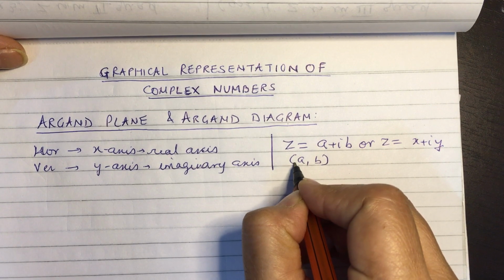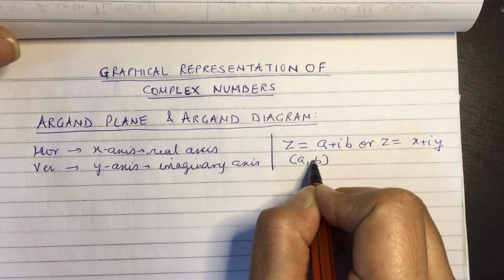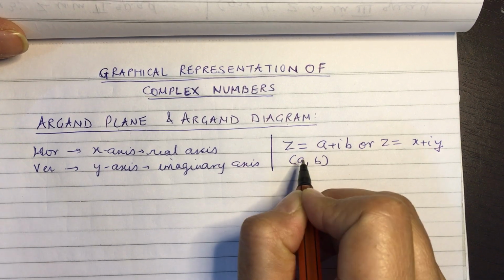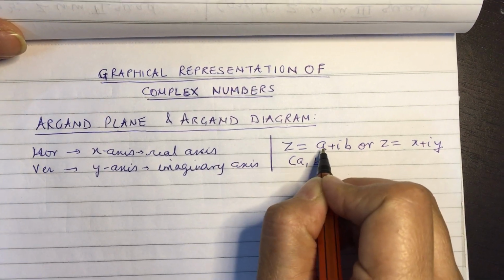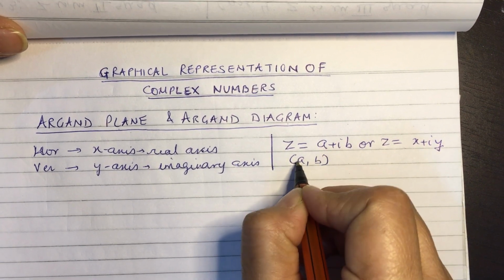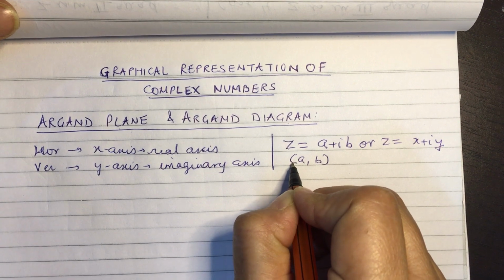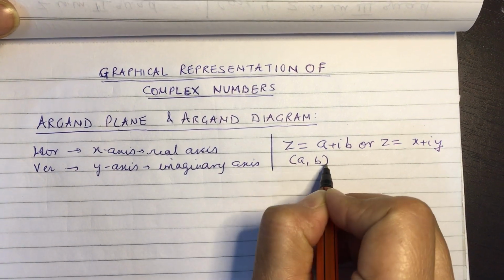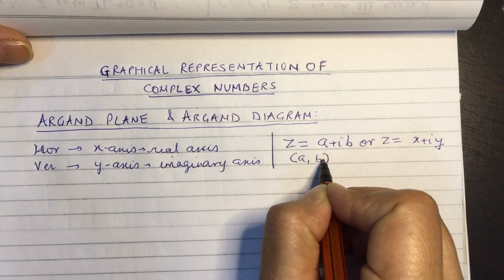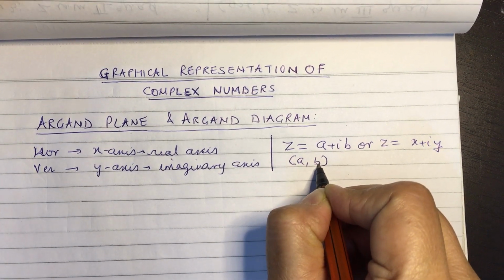Now here we call it an ordered pair for two reasons. First is that pair means two, and here we are writing two members, one is the real part and one is the imaginary part, and ordered means in a particular order. So it is fixed that we first write the real part and then the imaginary part.